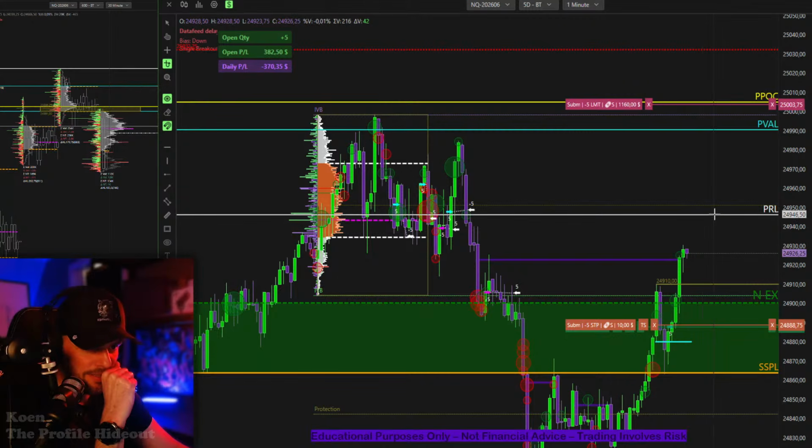Basically want to see it retest that prior range low, then potentially start trailing.